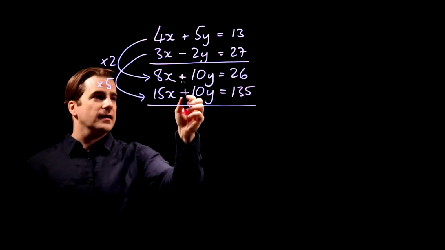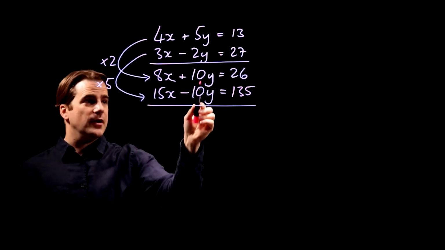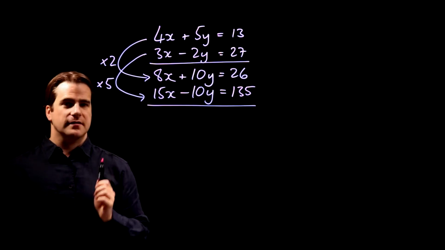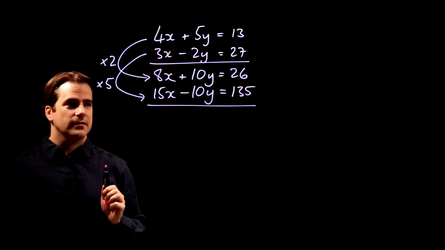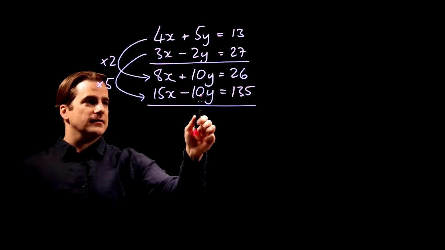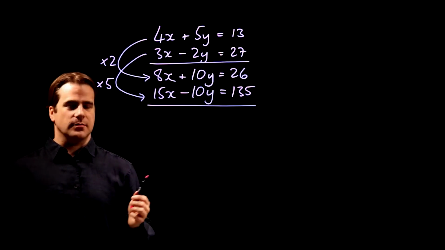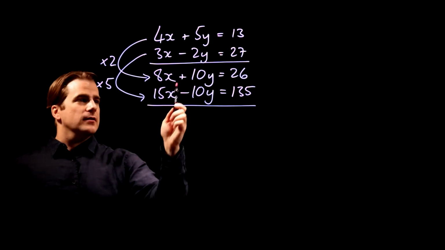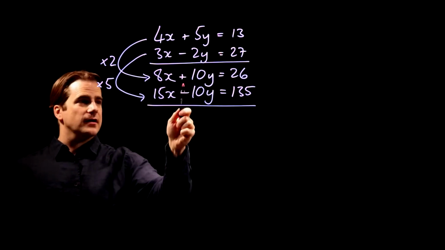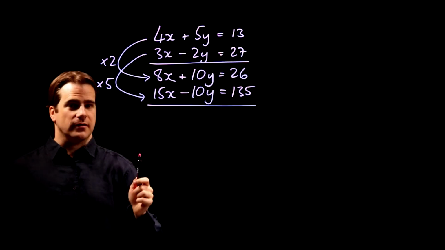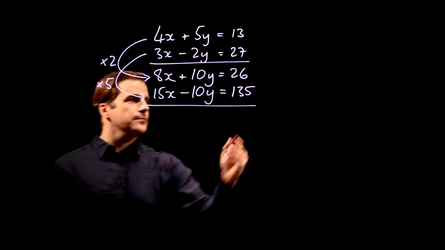Now, like I said, the signs don't matter. You just have to have the same number. The reason the signs don't matter is we're going to add these two equations and the y's will disappear. We're going to add because the signs of the y's are different. And when the signs are different, you add.